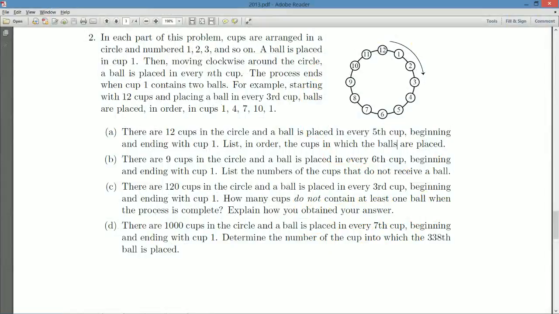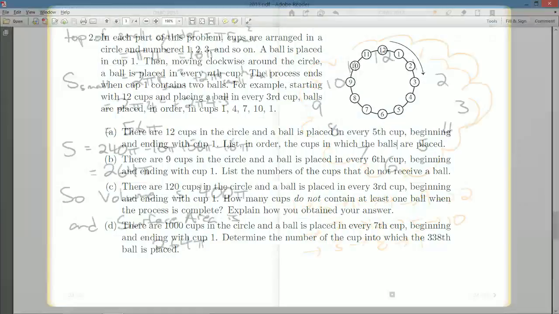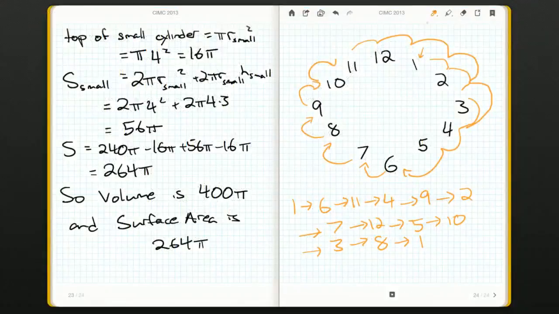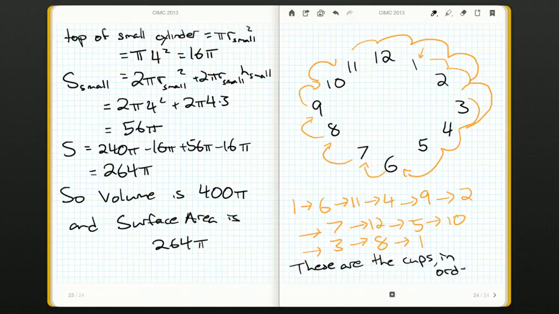It turned out we put a ball in every single cup, but we wanted them in order. So we'll just explain 1, 6, 11.